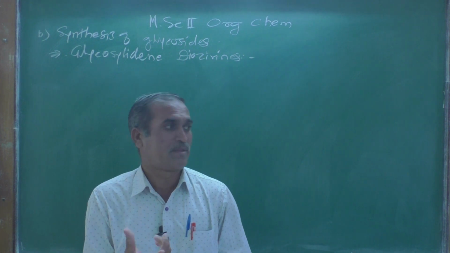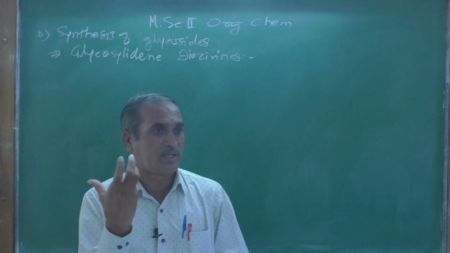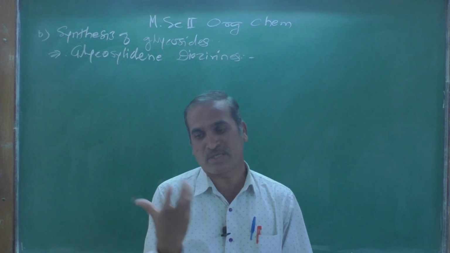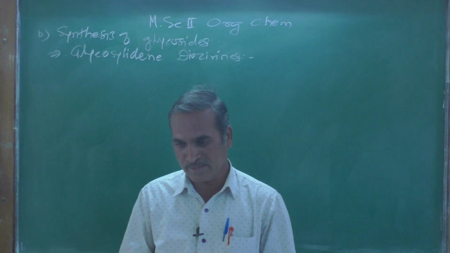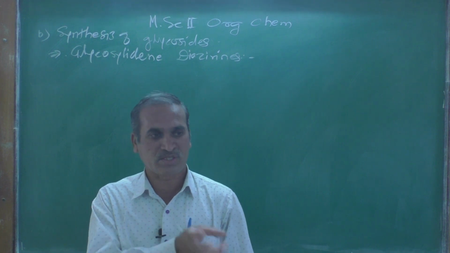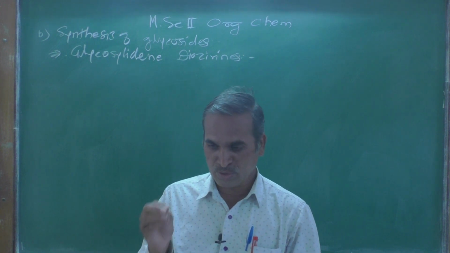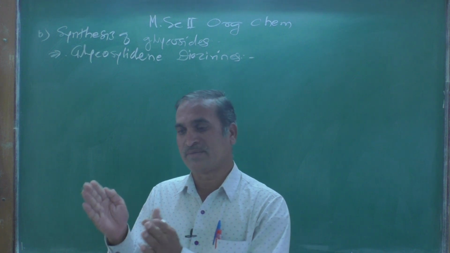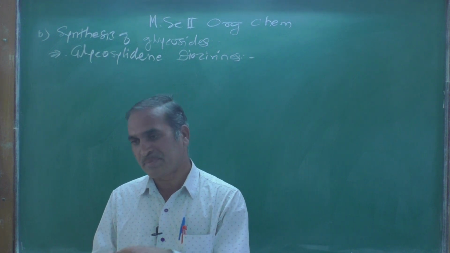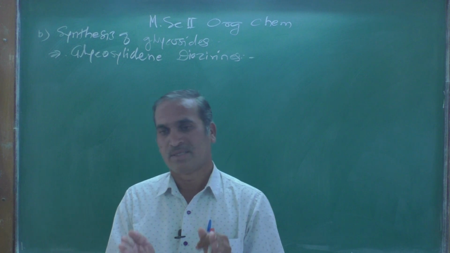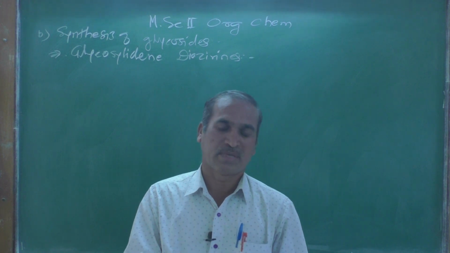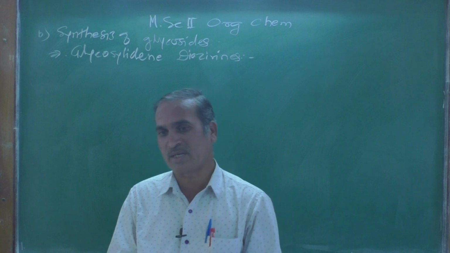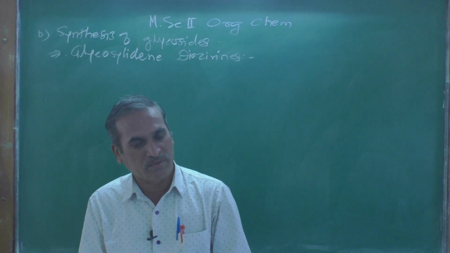What type of ring or compound is called a diazirine, and why is it termed glycosylidene? And how can we prepare it, and after that we will learn the application of that glycosylidene derivative.